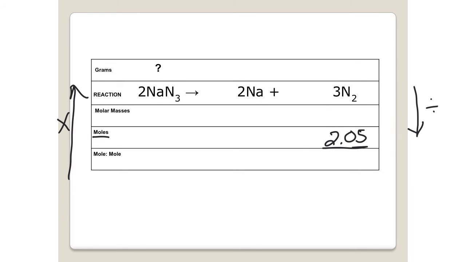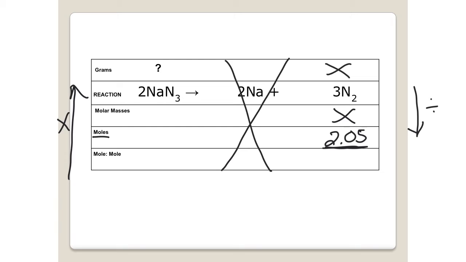We're going to start with moles. So we don't need to do anything with either of those two spots because we always start by going down. We also don't need to do anything with sodium because it's not mentioned in our problem. It's just part of the reaction. So we're going to start with 2.05 moles. And the first step is to go to the mole to mole ratio.